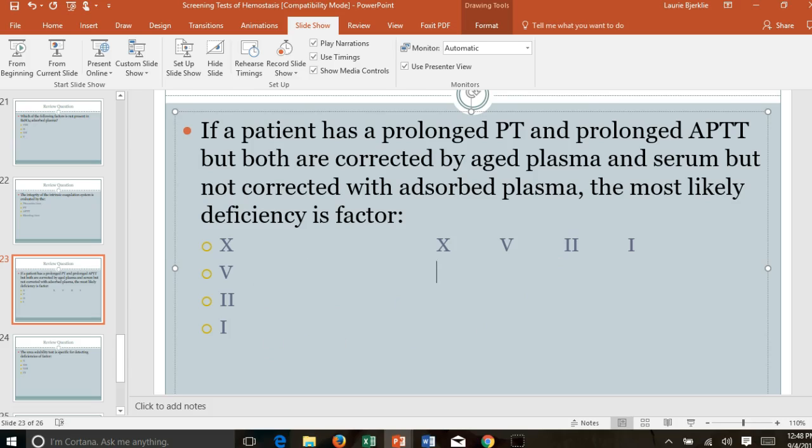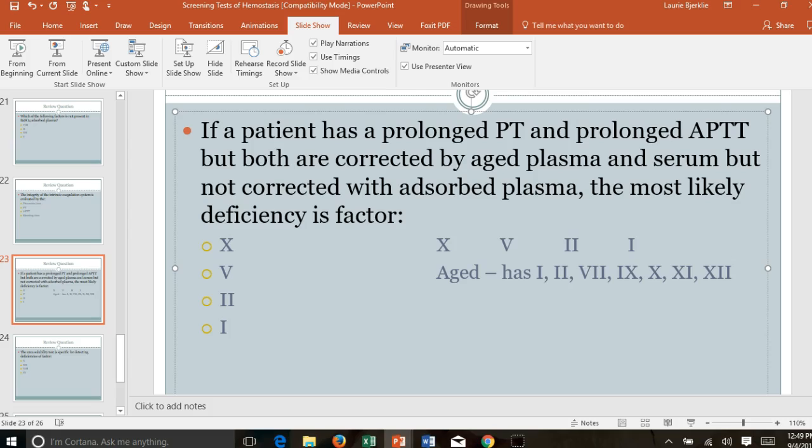So now that we know it's one of those possible 4 factors, let's look at the mixing studies results. So it said corrected by aged. Let's remember what aged plasma has. It has everything except 5 and 8. So it has 1, 2, 7, 9, 10, 11, 12. So as you can see, it has everything except 5 and 8.